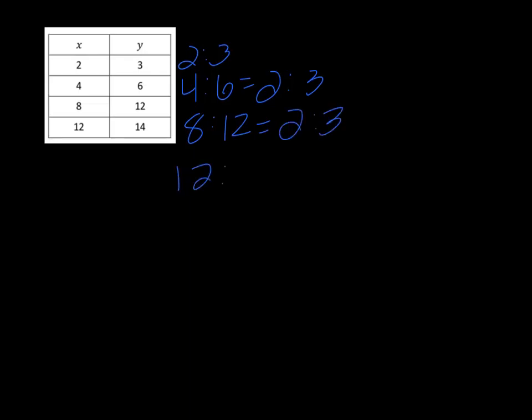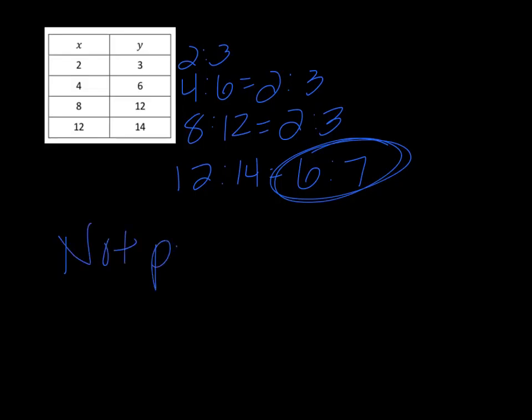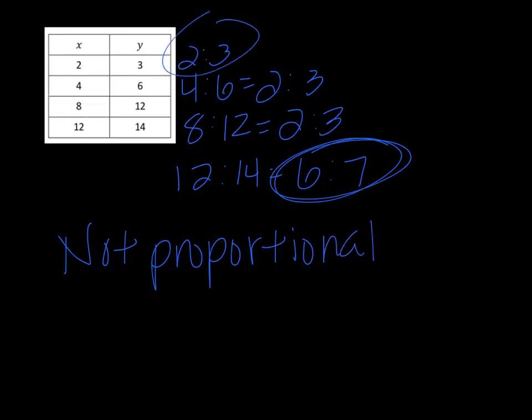And 12 to 14, we can divide them both by 2 and get 6 to 7. So since this ratio is different, this table is not proportional. So again, every single ratio has to be the same for it to be proportional.